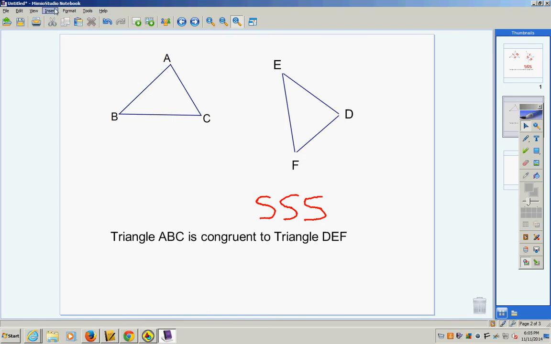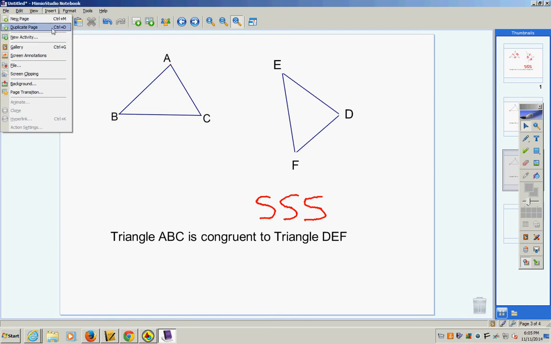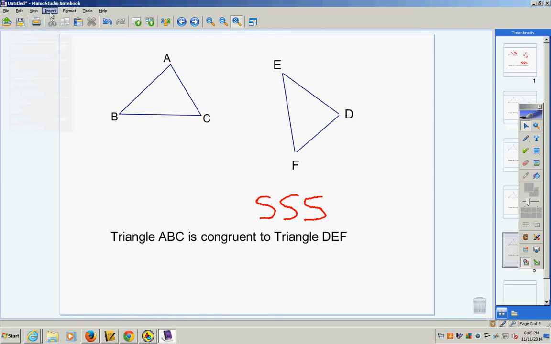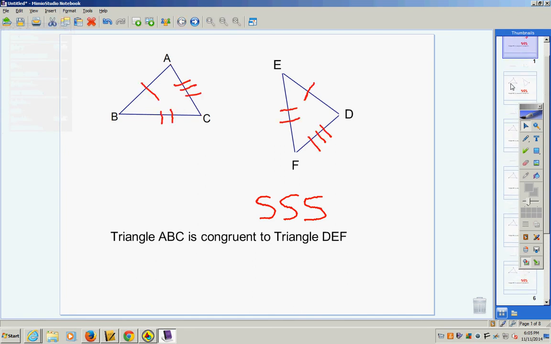All right, now I'm going to insert a few more duplicate pages, and you'll see why in a little bit. All right. So the first one, those are congruent by side, side, side. Second one, if I was to show they are congruent, I want to delete this too, sorry.